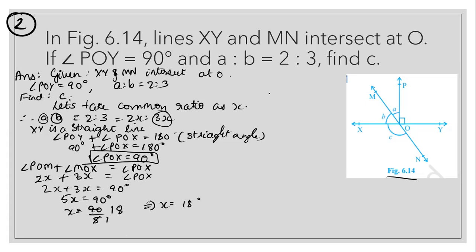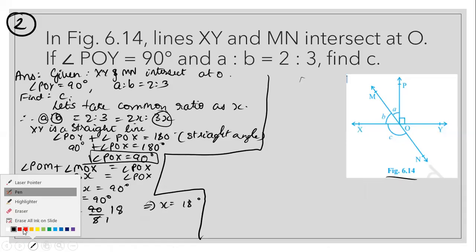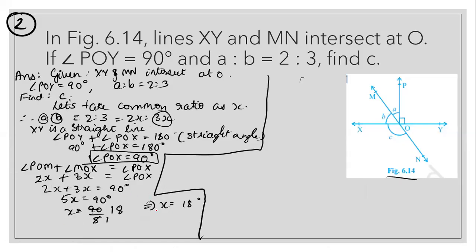Okay, cool. So let me just, I don't know where to draw a line and solve. Okay, I will solve it here. So I'll write it in a different ink. So x is equal to 18 degrees. We found out what is x.